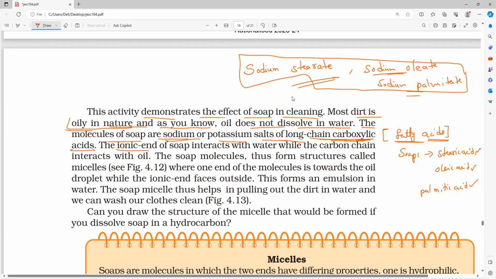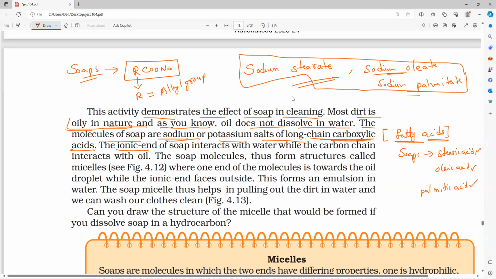The structure of soaps can be represented by RCOONa. Write it. This is the general representation of soaps. R indicates an alkyl group. Write it, everyone.